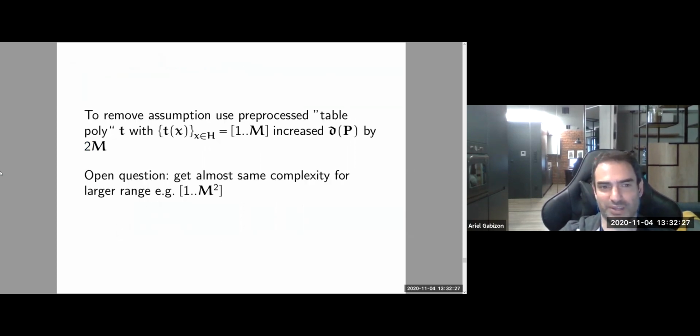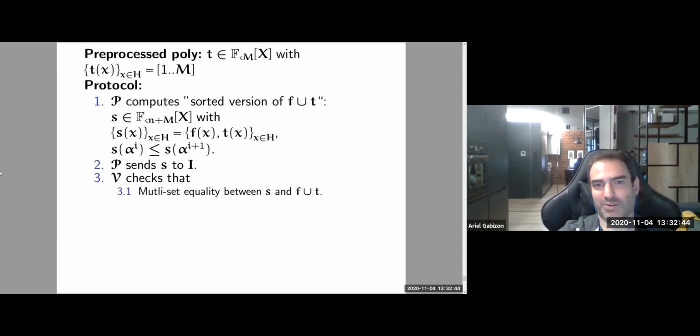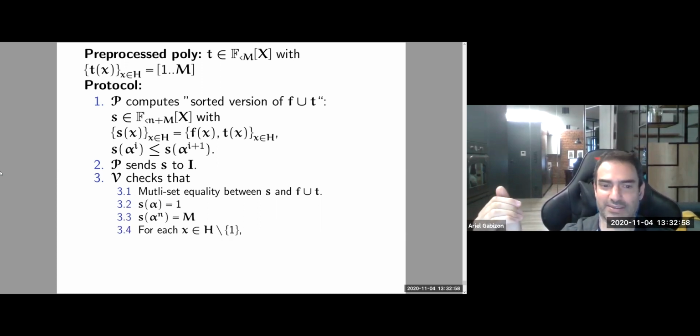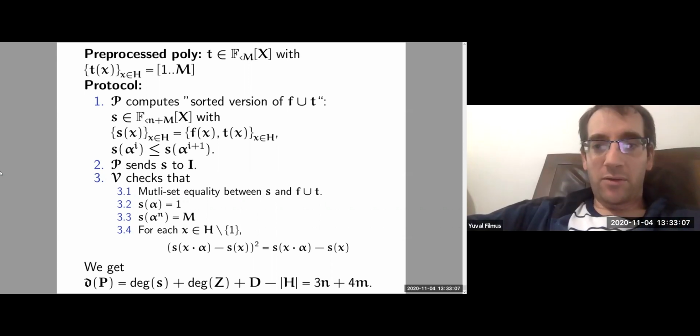Generally, we're going to have some pre-processed polynomial that is guaranteed to contain the values 1 to m. Then we do the same thing, but we use F union T instead of F. We check that it's correct, and then check that S only increases by 0 or 1.